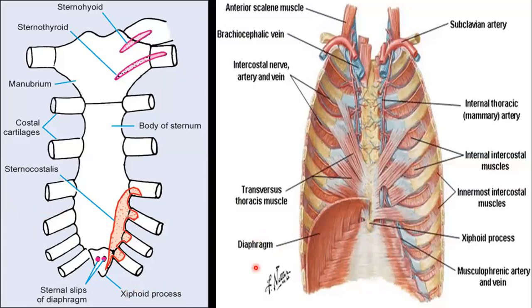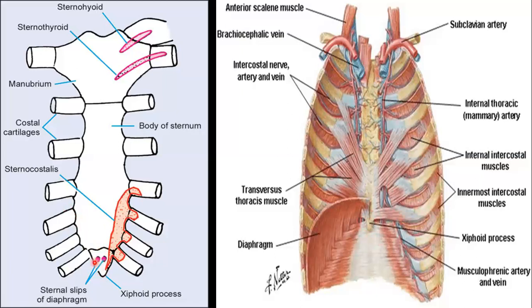And the xiphoid process is a cartilaginous structure. An MCQ can come: the cartilaginous structure is the xiphoid process. It is a continuation of our lower end. Here we have the lower end of the body and its continuation is known as the xiphoid process.